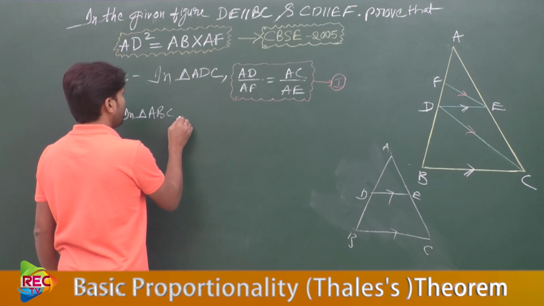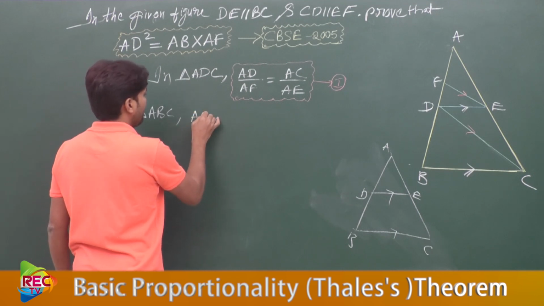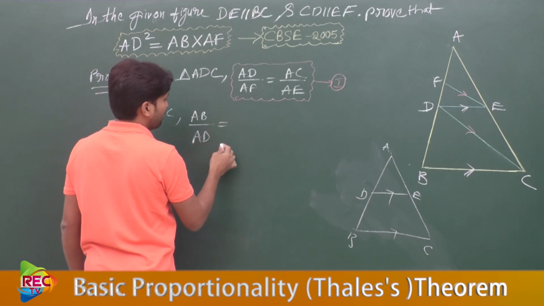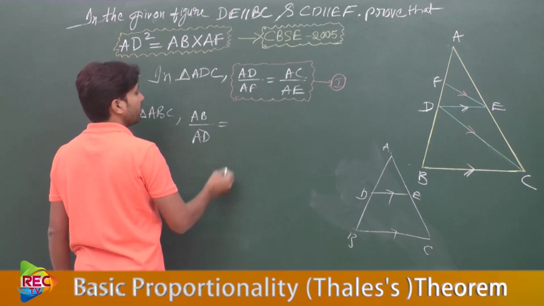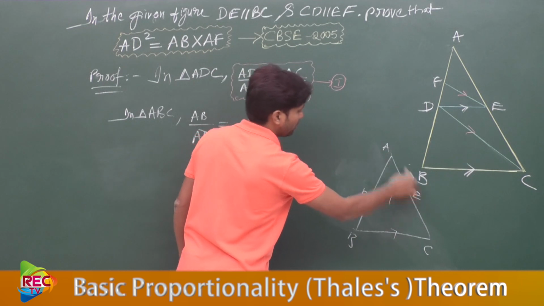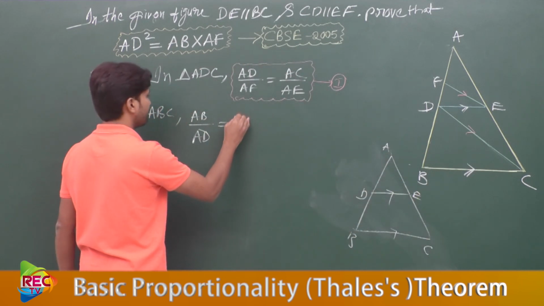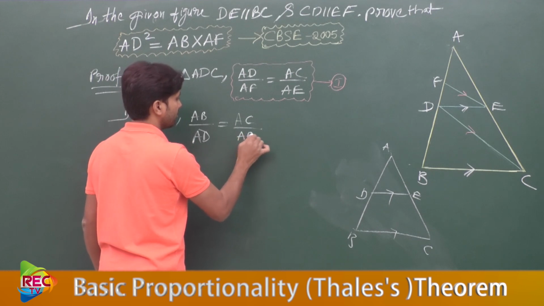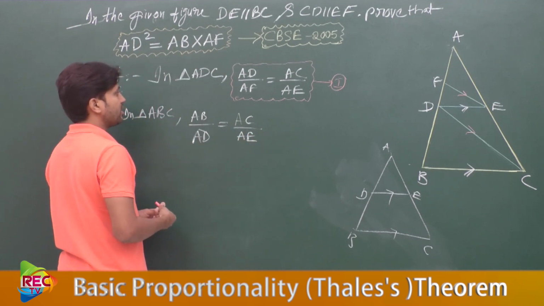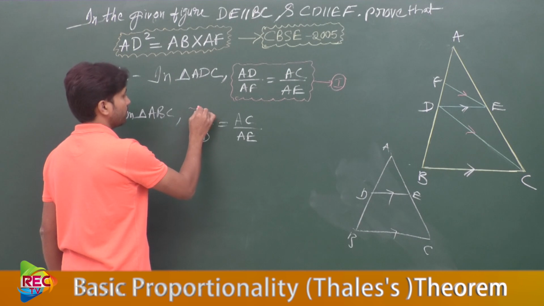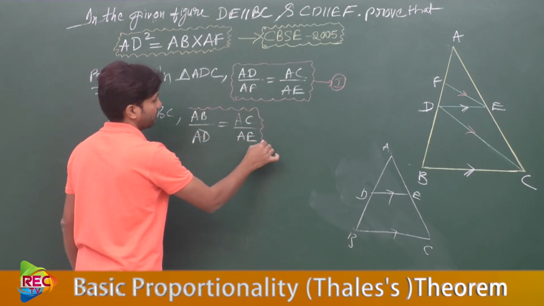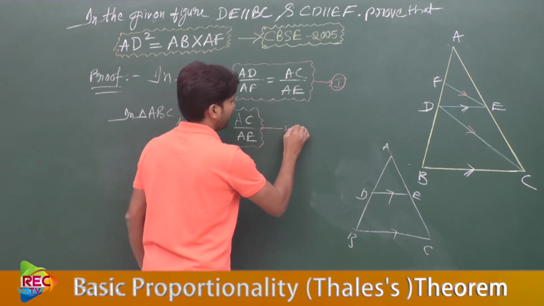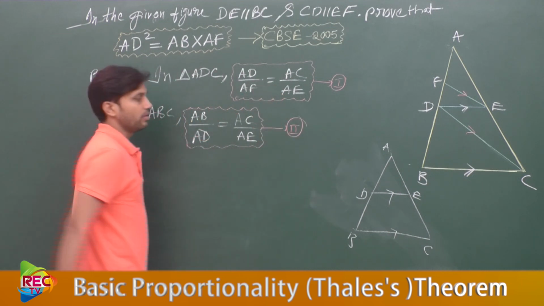So this is D, okay, AB by AD equal to AC by AE. Okay, let this be condition 2. Okay, this is condition 2, right?